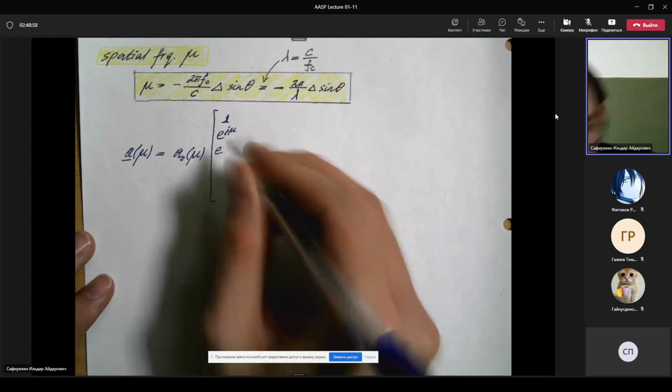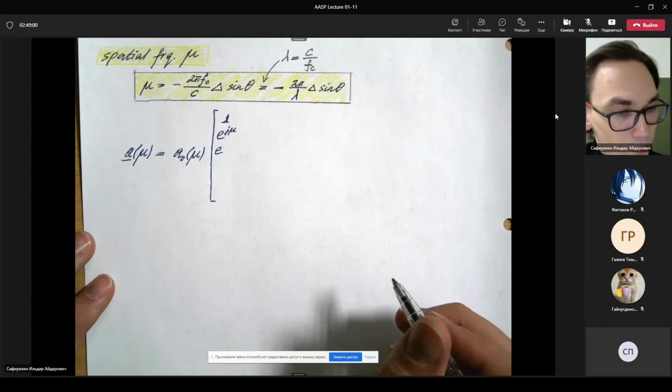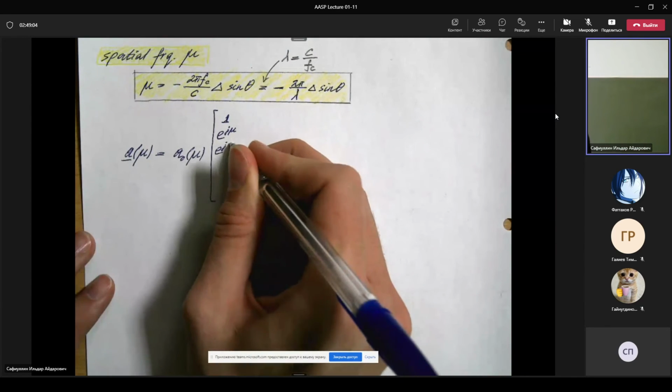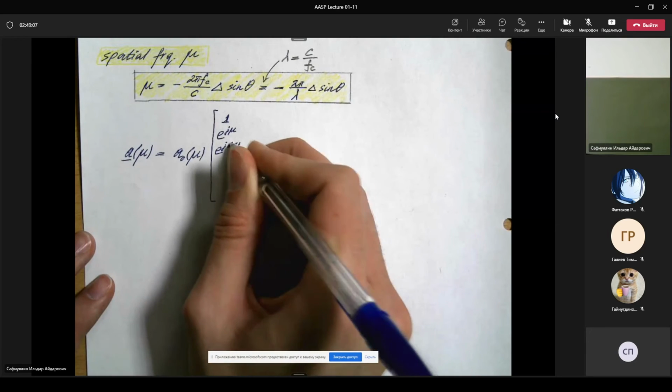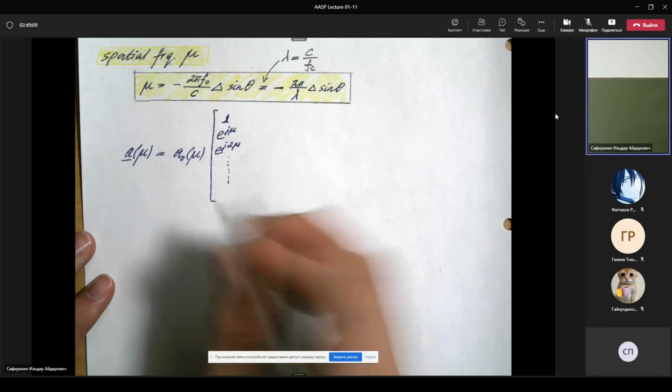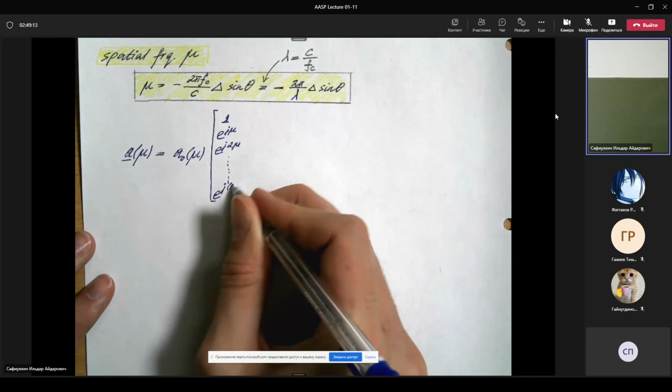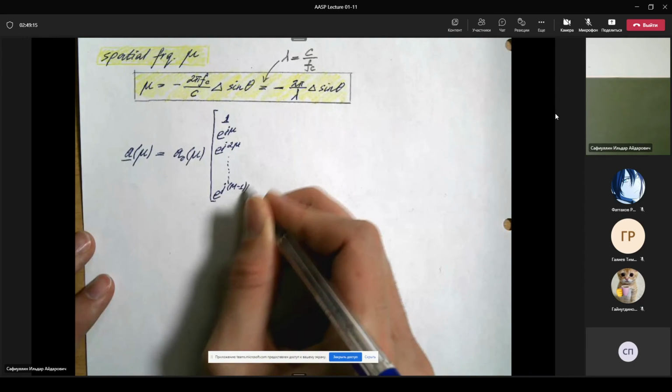Then e to the power of j times 2 mu, etc., up to e to the power of j times m minus 1 times mu.